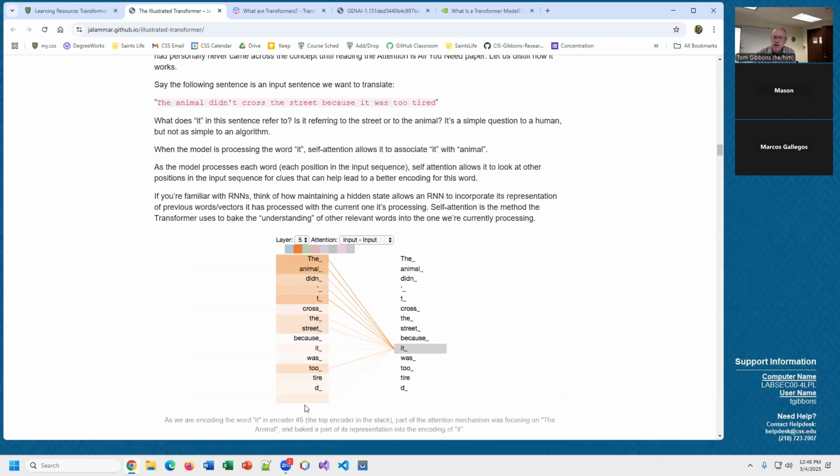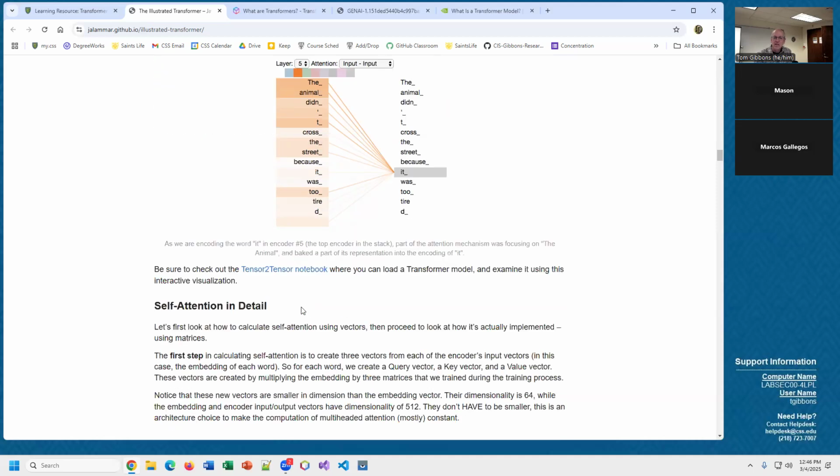We've talked about attention and words like "it." The animal didn't cross the street because it. So what was the "it," and what does that relate to? This is trying to show what parts of the sentence it should be attending to, to help it understand.